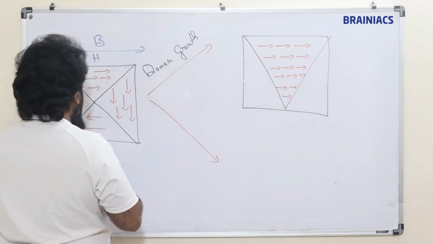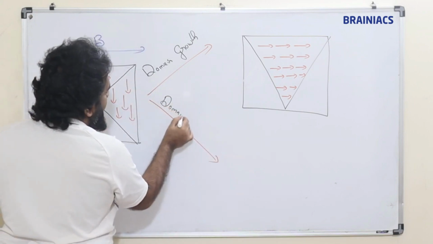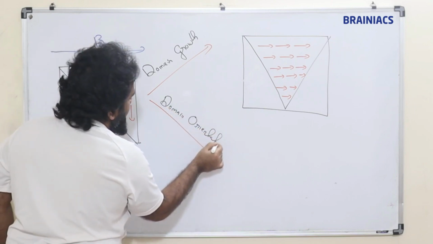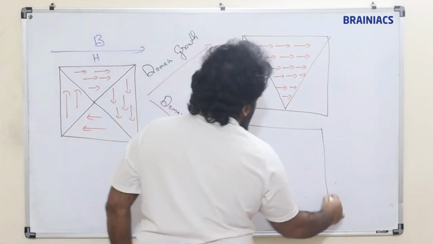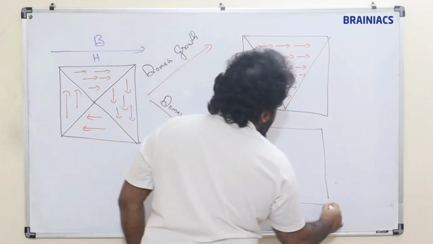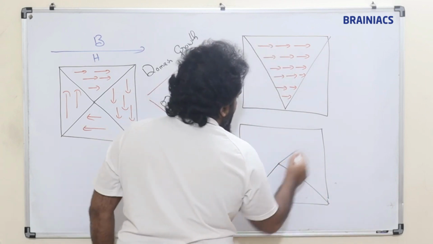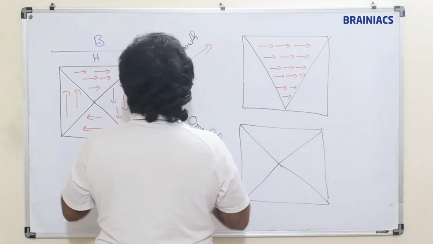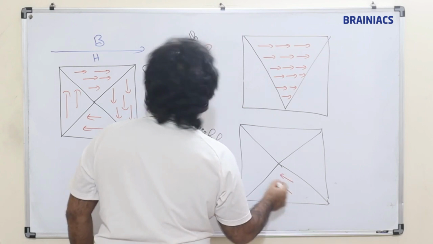So here, domain growth, domain orientation. Suppose growth of a domain happens on one side, so the other ones, say for example this one, will start changing their direction.